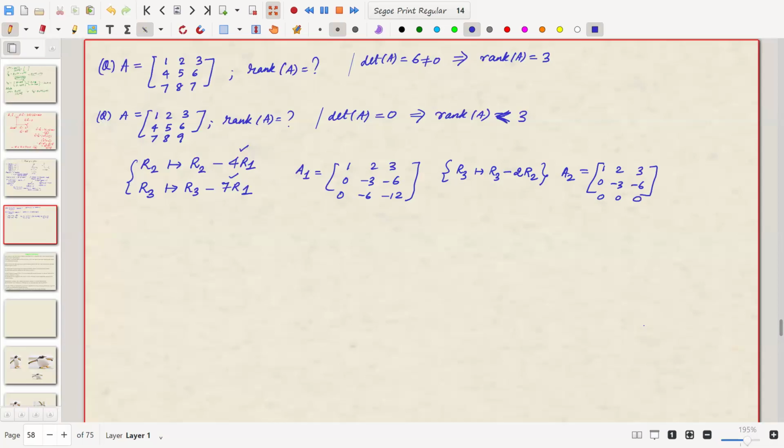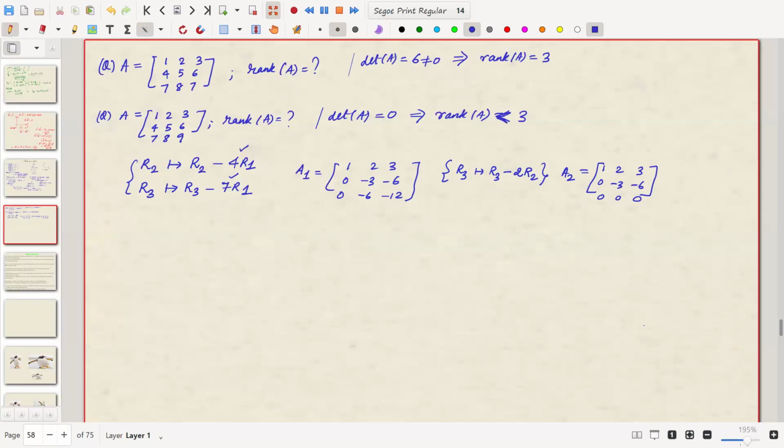Yes, you got this. Everyone got this? Now, we did all these steps, but after that, what? Our aim is to find rank, but whatever we are doing so far, will it be giving us the rank?